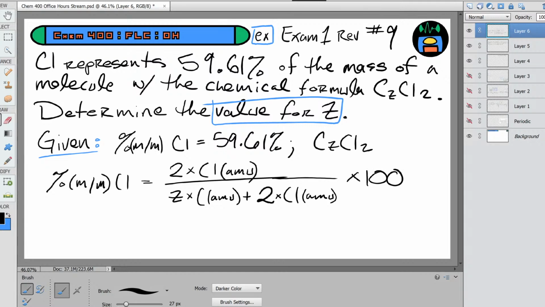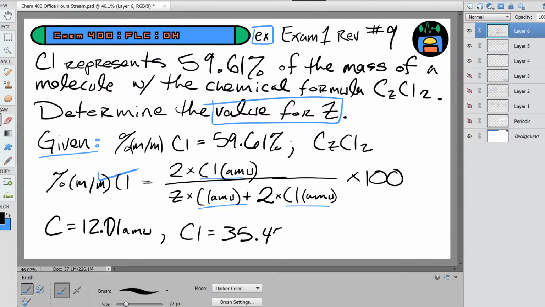Now, if you look at what we're given, we're given percent mass for chlorine, and the atomic mass for carbon and chlorine, we can look this up on the periodic table. Carbon has an atomic mass of 12.001 AMU, and chlorine has an atomic mass of 35.45 AMU.